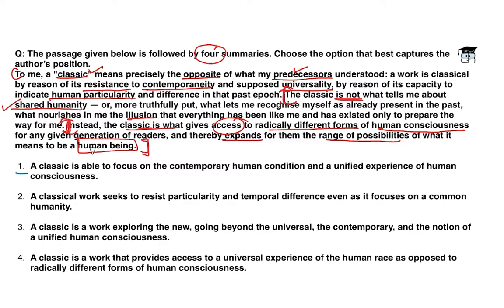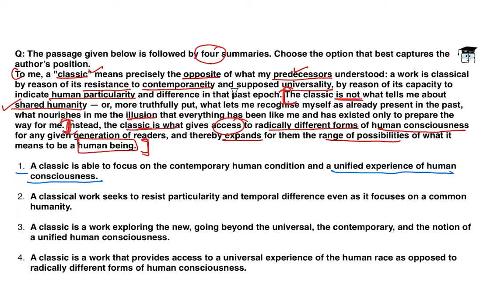Option 1. A classic is able to focus on the contemporary human condition and a unified experience of human consciousness. Now, in this statement, I can pick out the phrase unified experience of human consciousness. Okay, which is opposite to what is written in the third line of the paragraph.